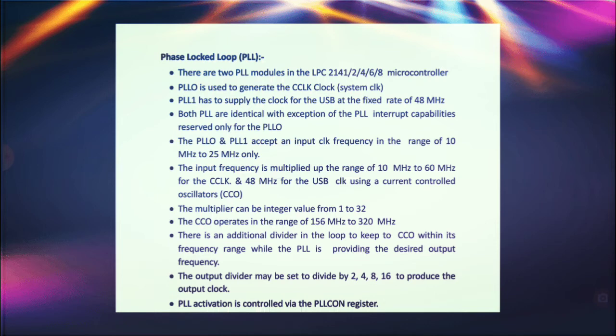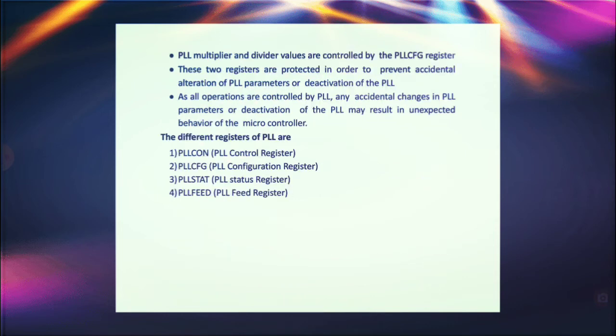The output divider may be set to divide by 2, 4, 8, or 16 to produce the output clock. PLL activation is controlled via the PLLCON register.